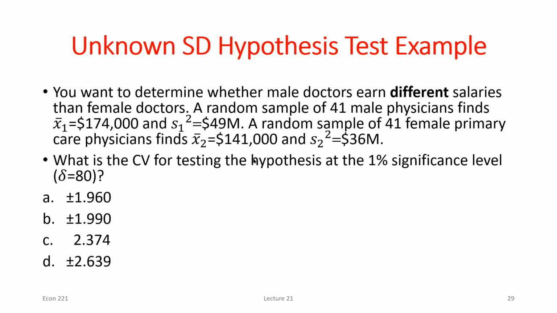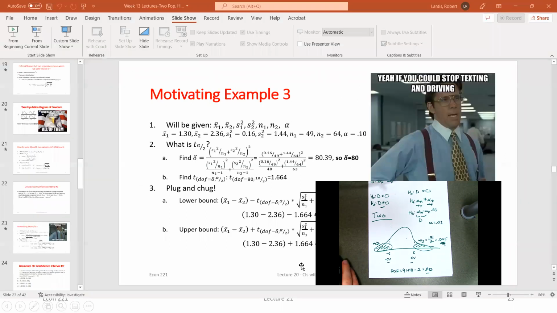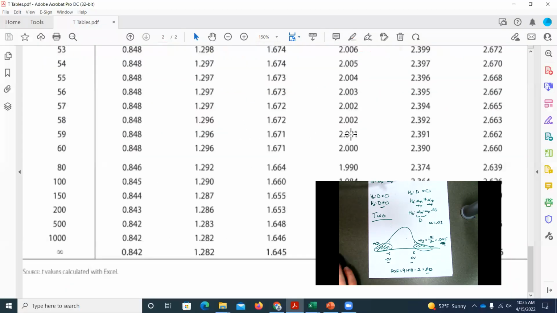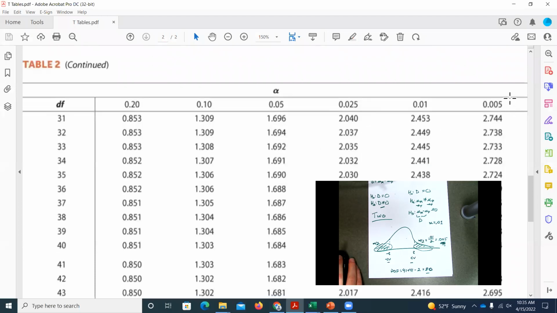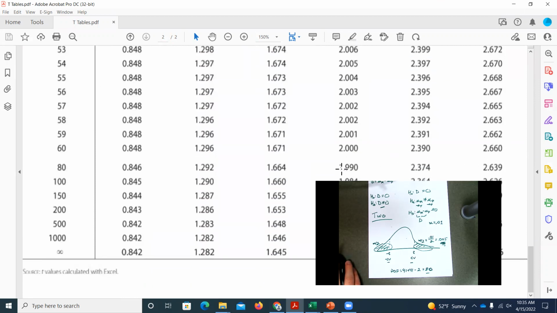From there, it's just a matter of, I know that I wanted 0.005 in each tail, and my degrees of freedom was 80. Right? So I'm going to go to that student T table. I want a 0.005 in that tail, all the way down at my degrees of freedom of 80, 2.639.